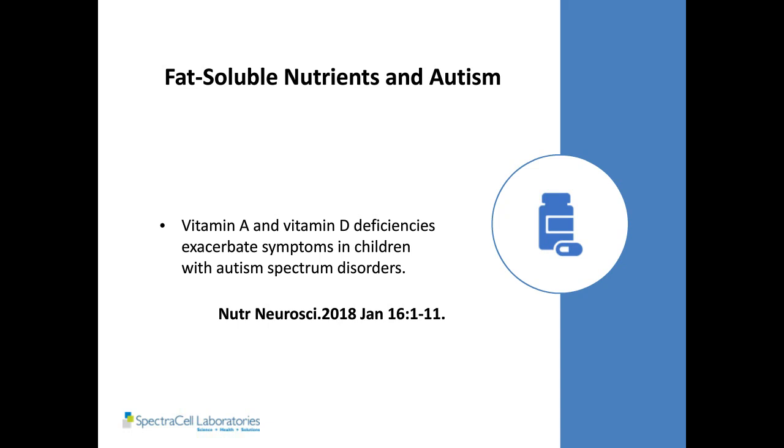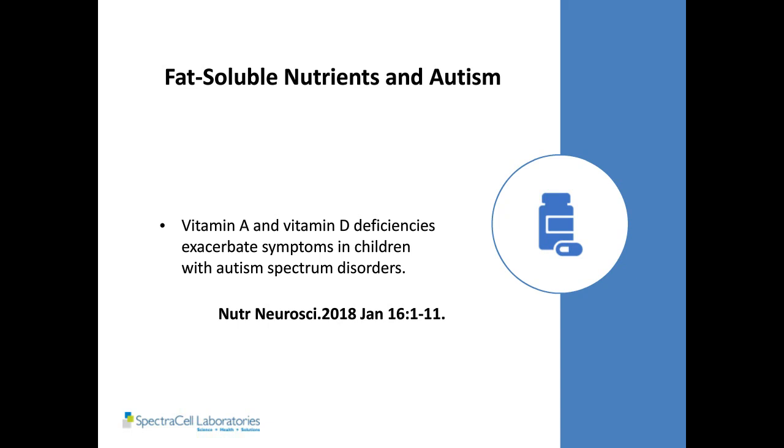Now, once again, we have to be careful with vitamin A because we know of its role with bone integrity, where if we give too much vitamin A, especially in the form of vitamin A retinol, let's say retinol palmitate versus beta carotene, we have a better chance of affecting closure of the epiphyseal plates and some skeletal malformations and things like that. But you can see that this is very new information. It was published in January 2018, and it's something that we have to keep in mind.